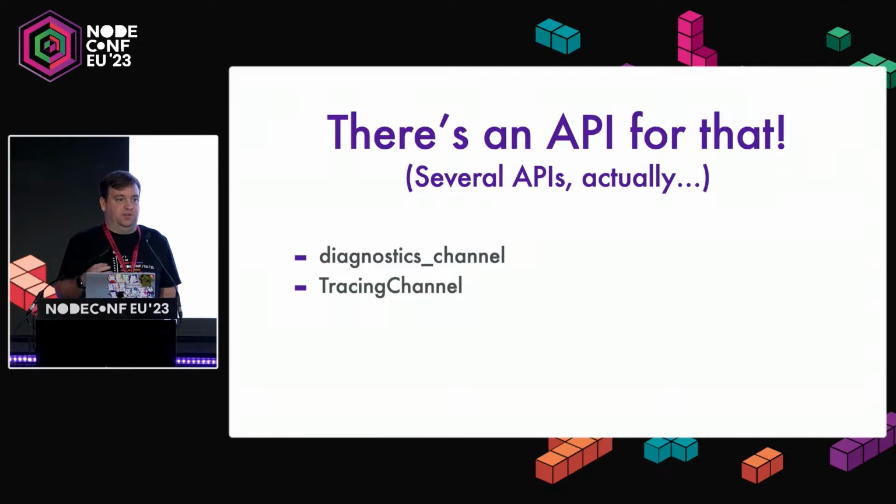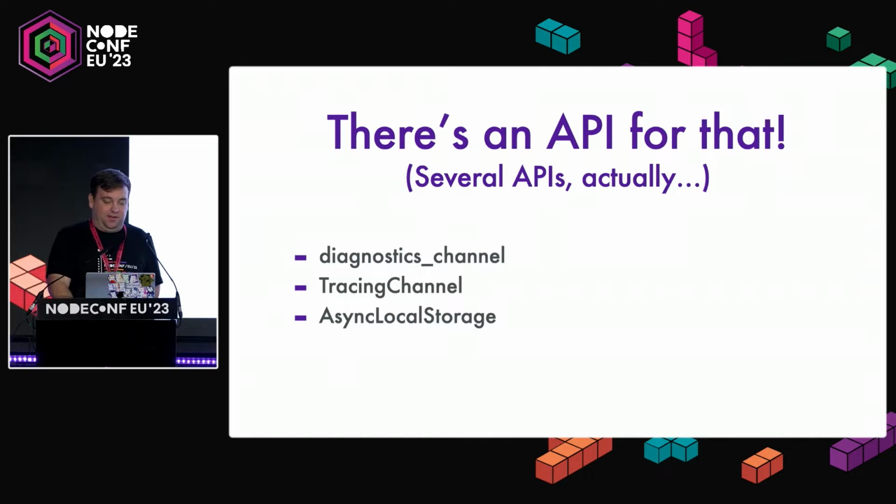There's tracing channel, which is a layer on top of that, which aggregates a few channels to represent the concept of this span. And then there's AsyncLocalStorage, which does a completely different thing. It helps you share data across a request, and that lets us link things together. I'll explain that one a bit later.